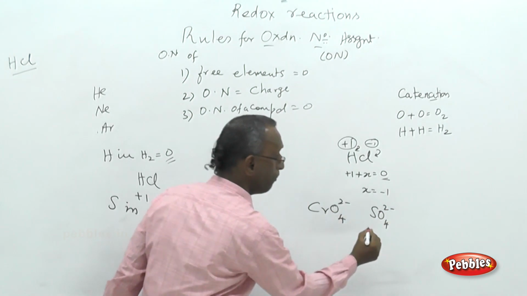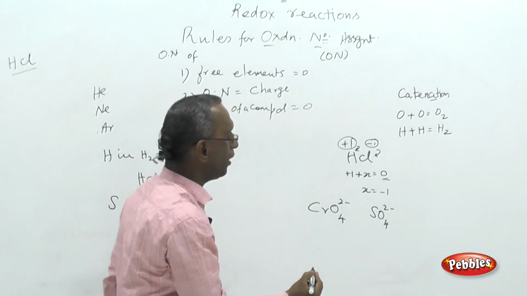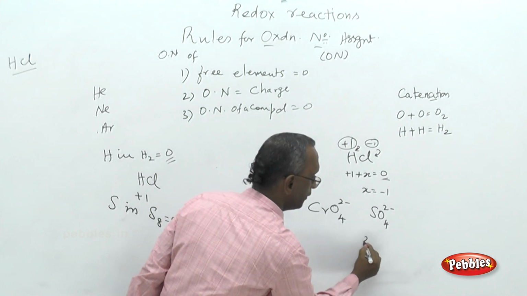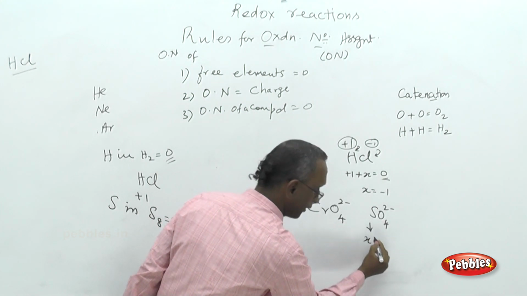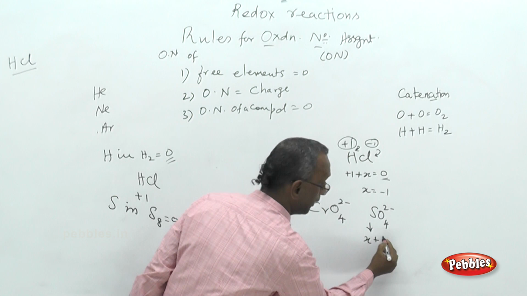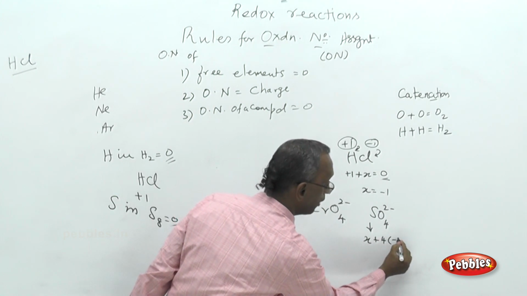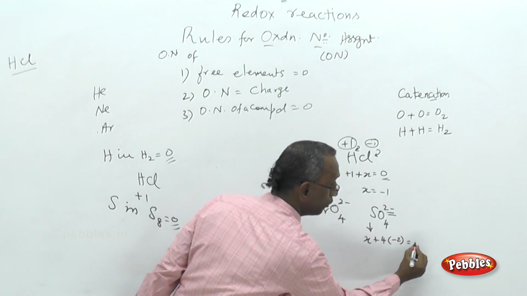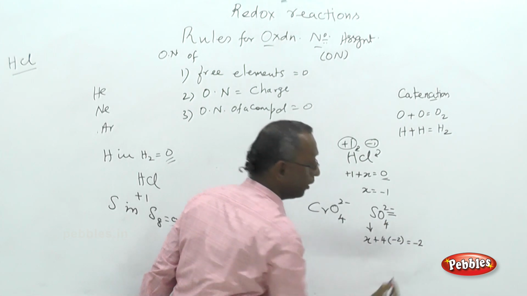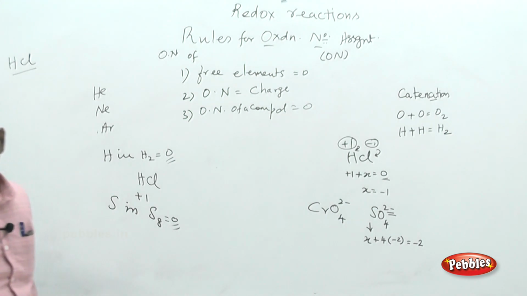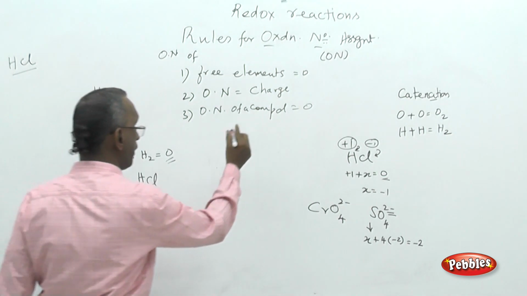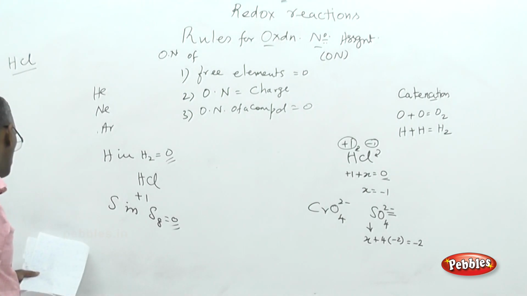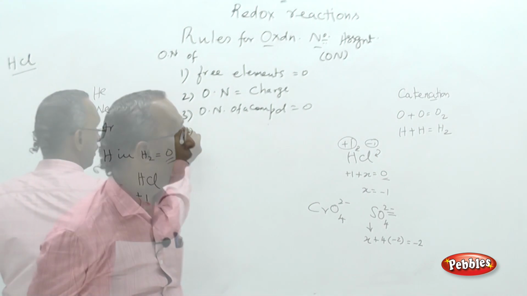Let us calculate the oxidation state of sulfur in the sulfate ion. It is assumed as x, plus there are 4 oxygen atoms, each with an oxidation state of -2. The total charge we should not equate to 0; it has to be solved accordingly. So the oxidation number of a neutral compound is 0. That is to be noted.